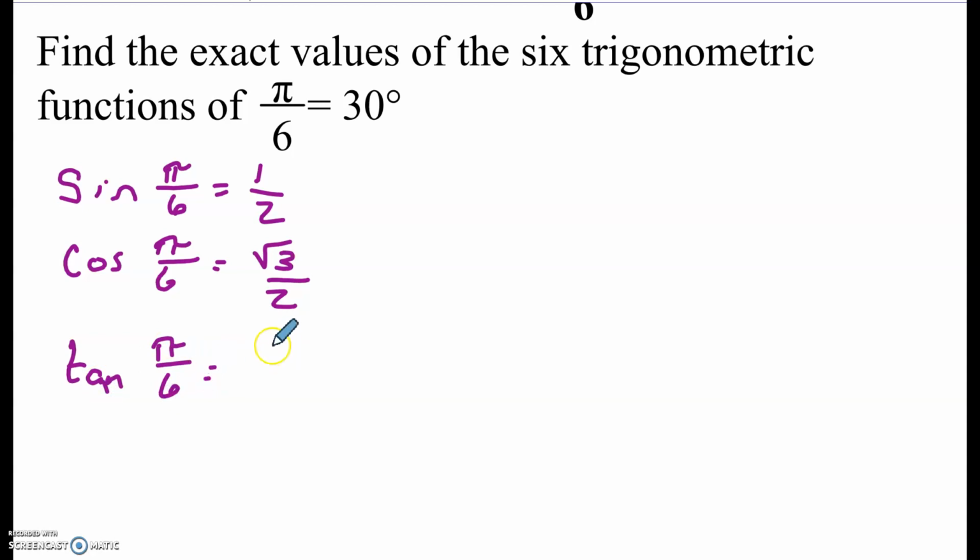For tangent, we take sine divided by cosine. Again, using the definition of division of fractions, we change dividing by square root 3 over 2 to multiplying by 2 over the square root of 3.